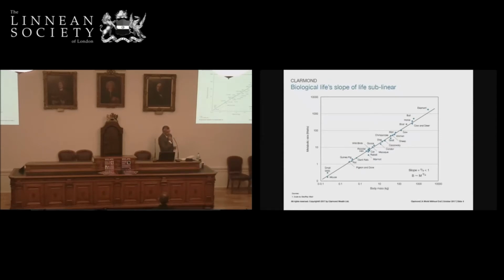So the slope of this curve is less than 1. What this means is as things get bigger, they gain economies of scale. So you have a mouse here all the way up to an elephant. You have the metabolic rates, and then you have the body mass. So as we're getting bigger and bigger, biologic units become more and more efficient.